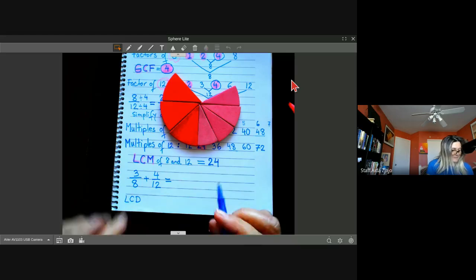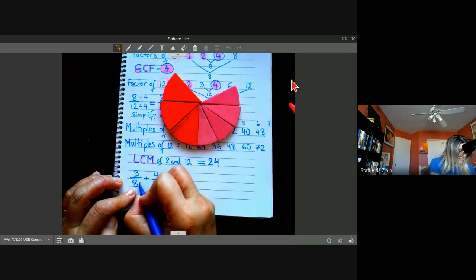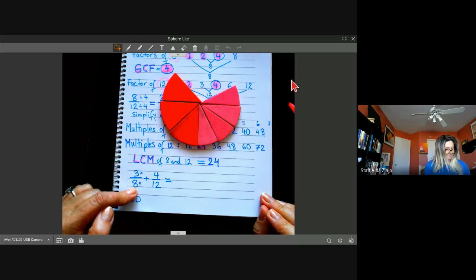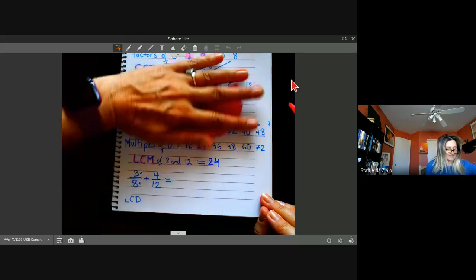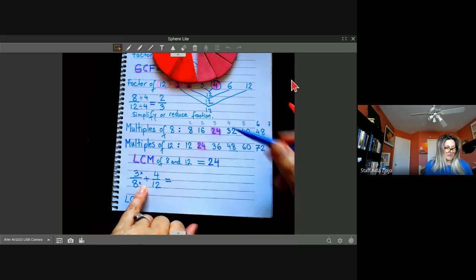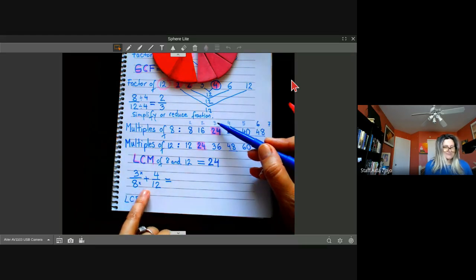So what do I multiply 8 by to get 24 on the bottom? What is 8 times what makes 24? Somebody help me with that. 8 times what? Is it 2 or 3?